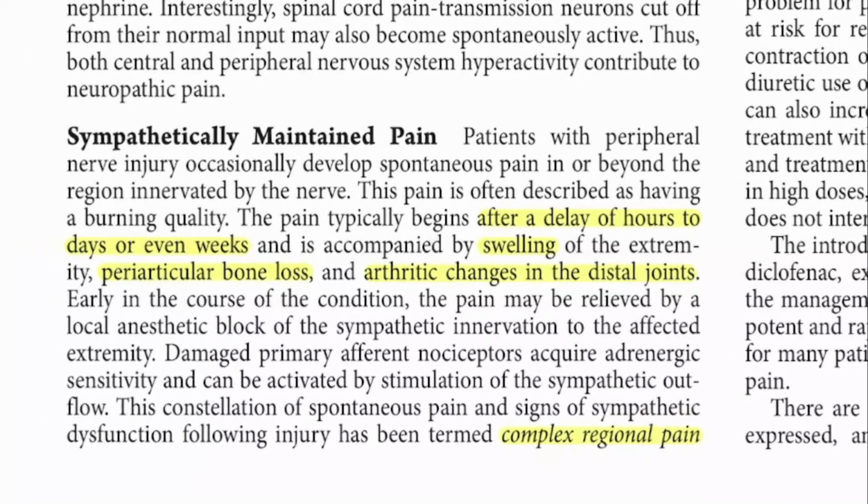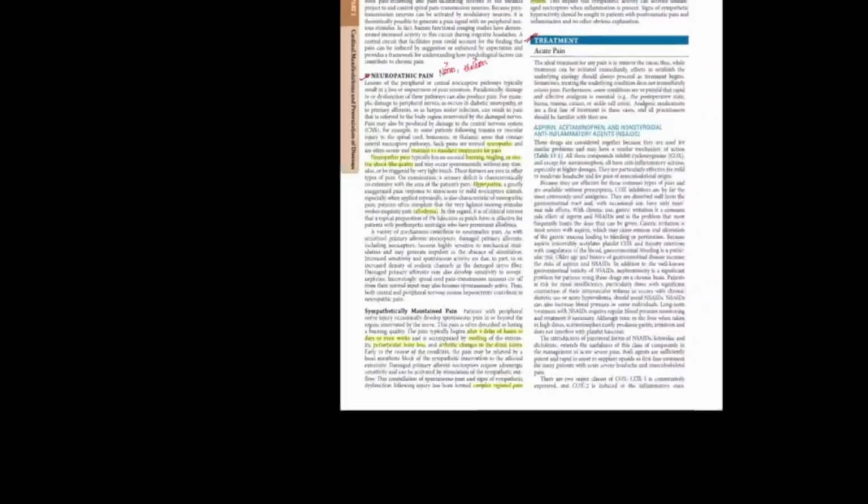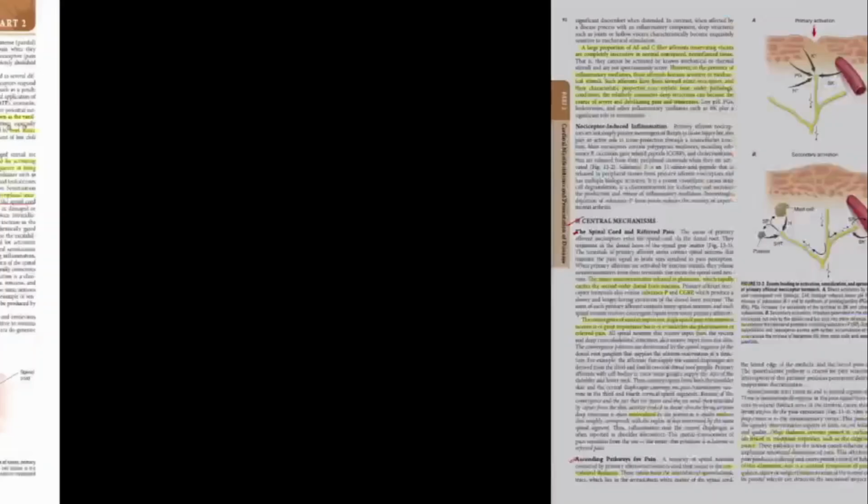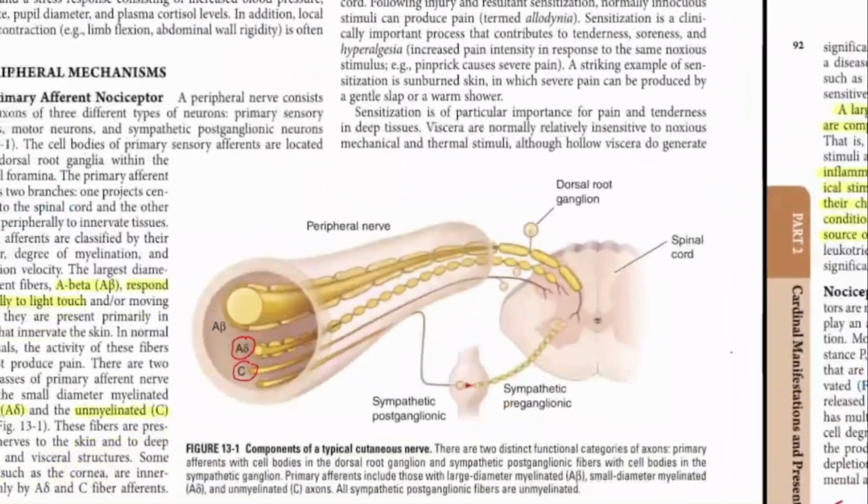We know that sympathetic nerve supply is also there to all the organs of the body. Whenever there is injury to some somatic sensory nerves, right? What happens is that there is sympathetic overactivity at that time. Let me try to explain to you with the help of some image.